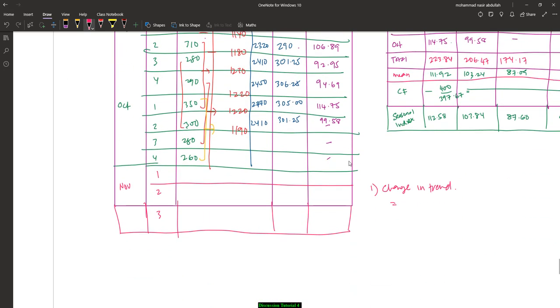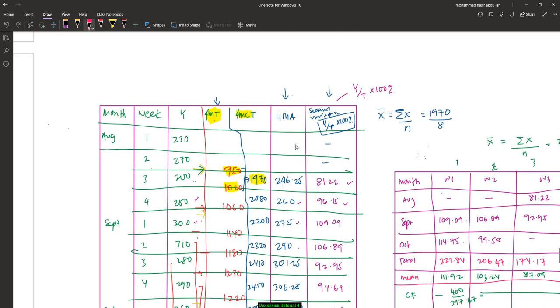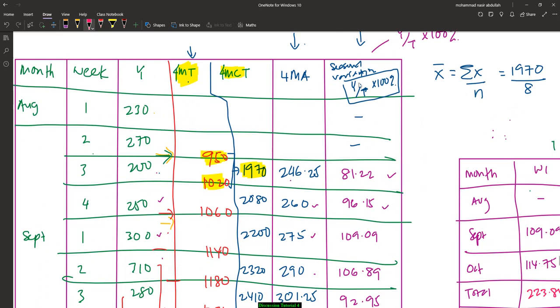Change in trend means that the last trend value minus first trend value divide by n minus 1.